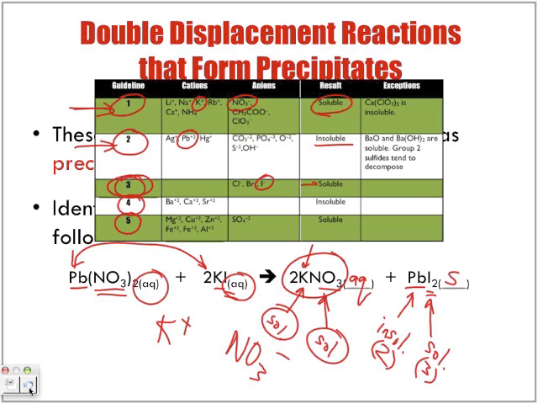So in this reaction, the precipitate that we're going to form in our solution, so we're going to have our final product, and we're going to have the precipitate forming. That precipitate that's forming here is the PbI2, the lead 2 iodide. So you've got to use the solubility guidelines to solve these types of double displacement reactions.